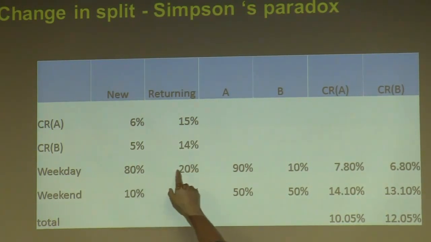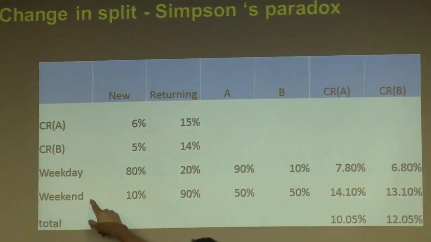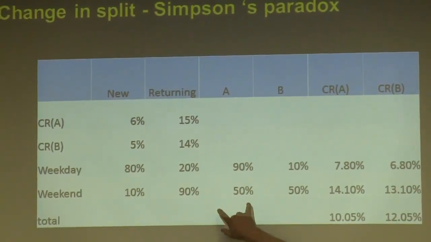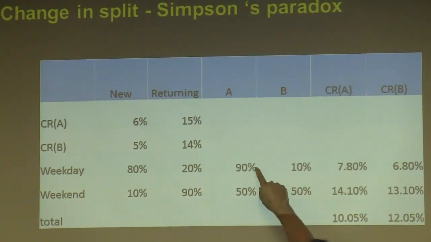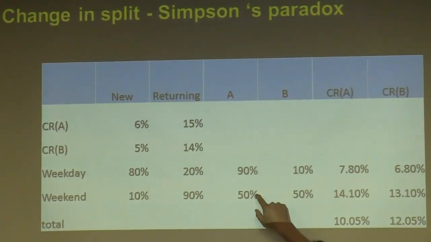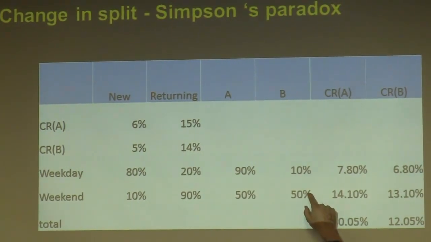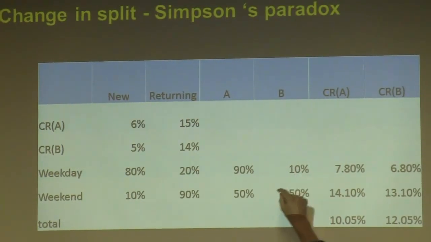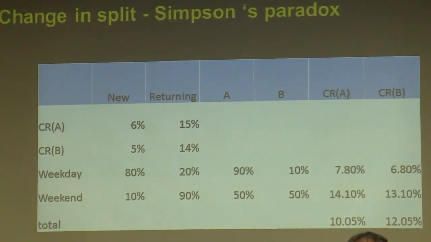So the weekend traffic is better than the weekday traffic. Variation A is having more bad traffic than good traffic compared to variation B, which is having more good traffic over the bad traffic. That is why the total results are opposite to what you expect.